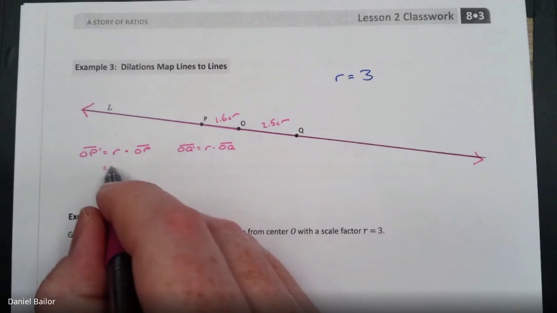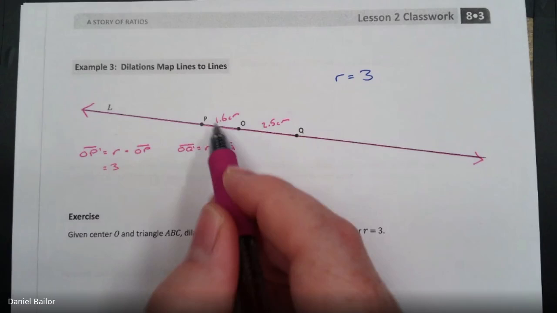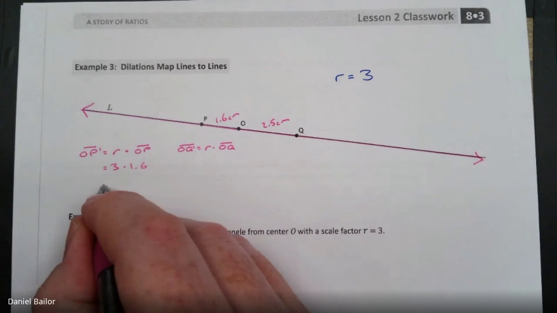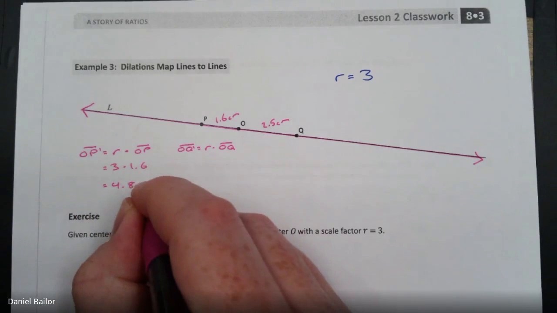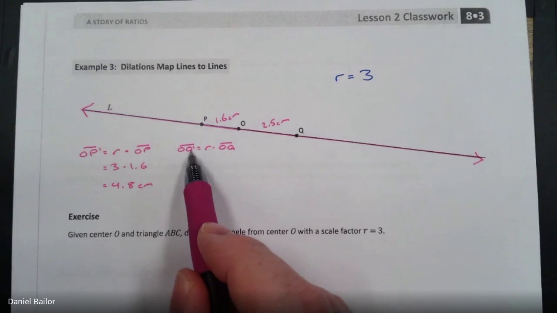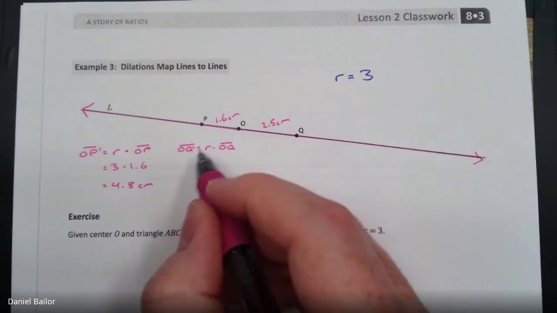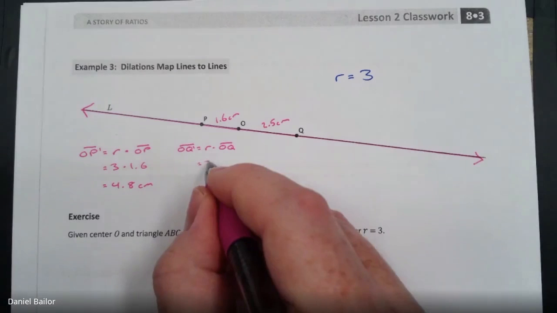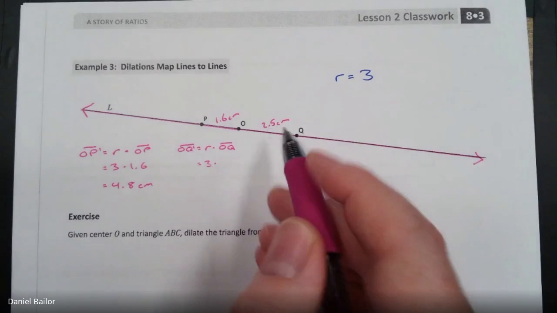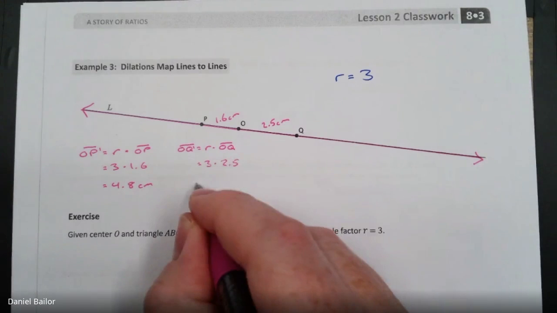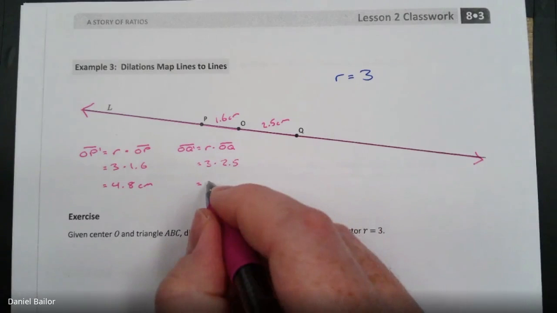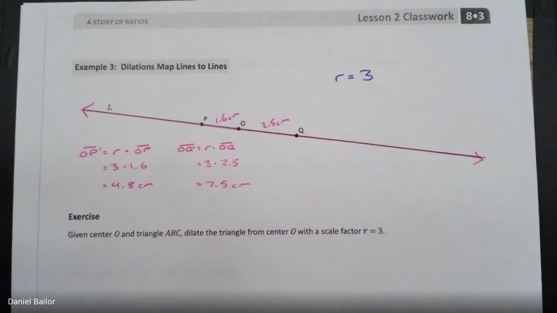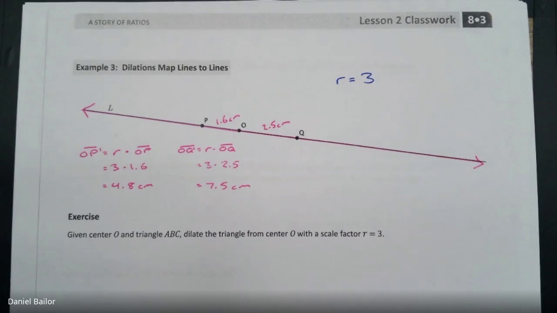So we know the R is 3 and OP was 1.6. So that means OP prime, the new one, is going to be 4.8 centimeters. OQ prime is R times the original. R I gave you was 3, and the original was 2.5. So the new one, the image after the dilation, 3 times 2.5 is 7.5 centimeters. Following the vectors we made, following the rays.